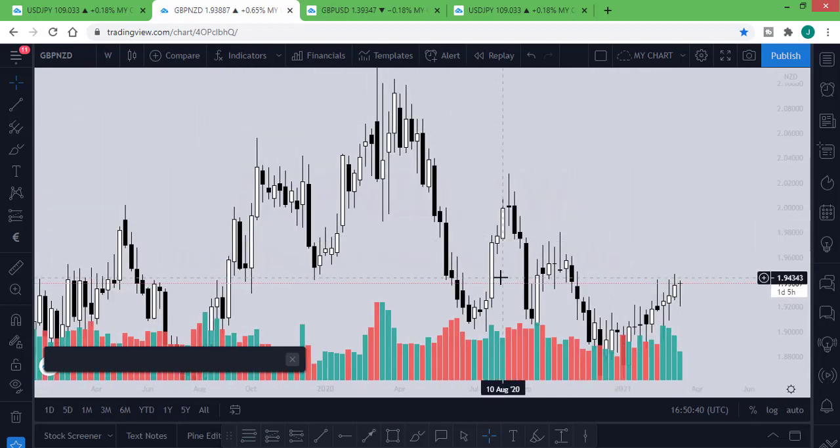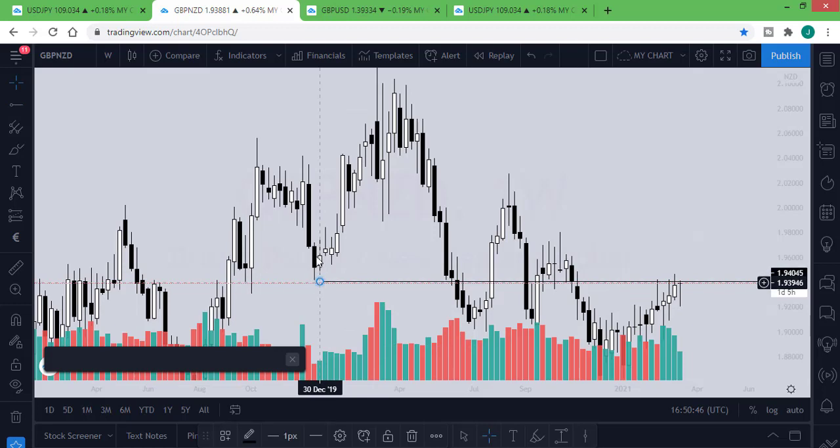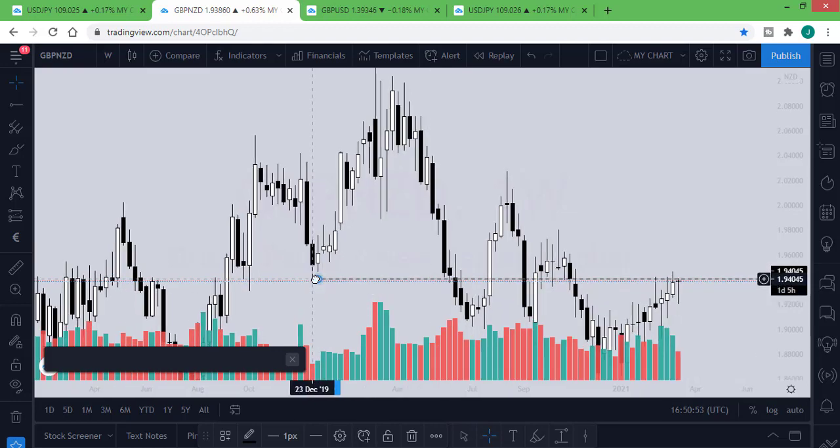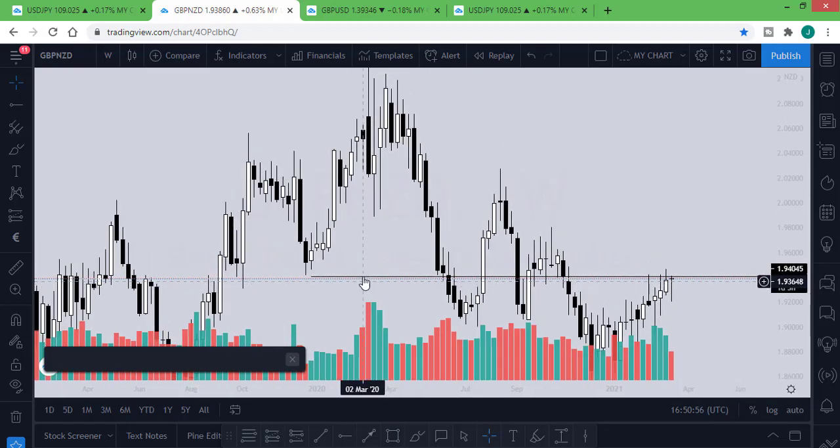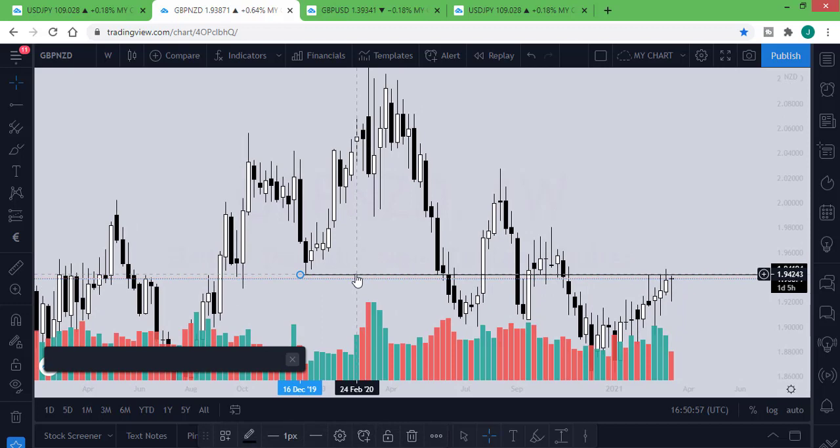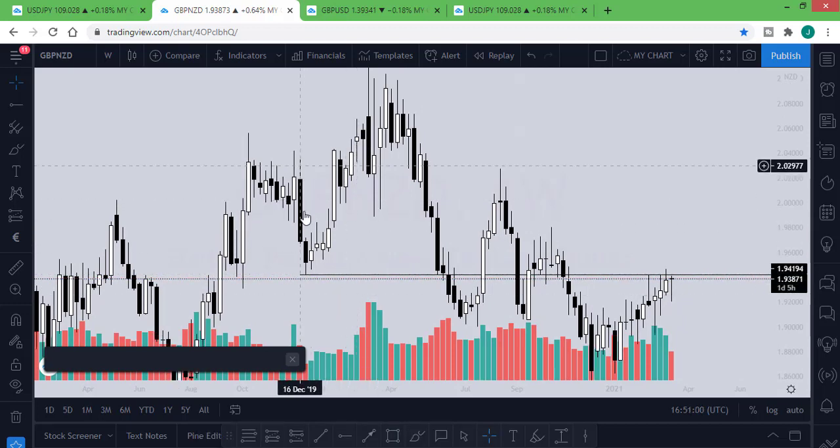As you can see here, this is a broken level. This level was broken here. Now our trading range is going to start from this level. This is our broken range.